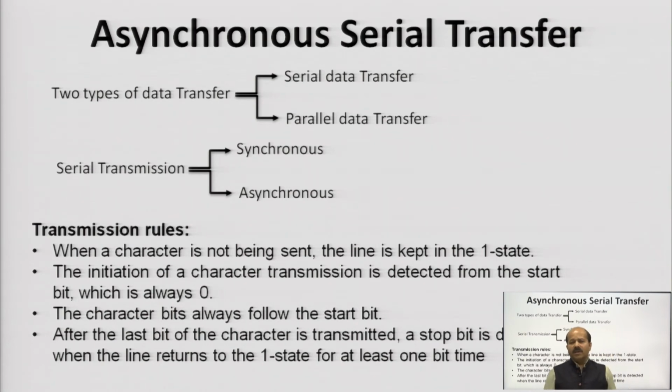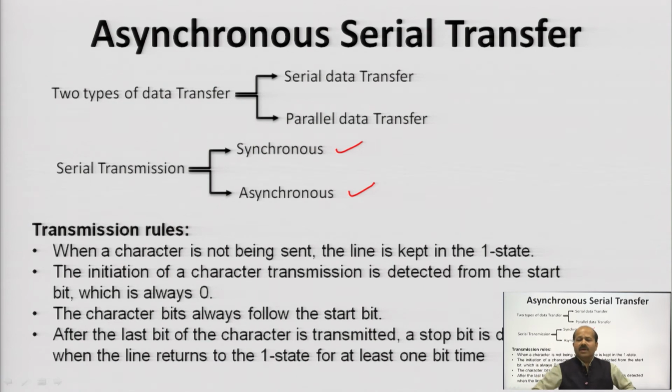But for peripheral devices or input output devices, in most cases the data transfer will be a type of serial transformation. In case of serial transformation, the synchronization operation will take place, so we have to study synchronous or asynchronous protocols. So, serial transformation will be of type synchronous or asynchronous.